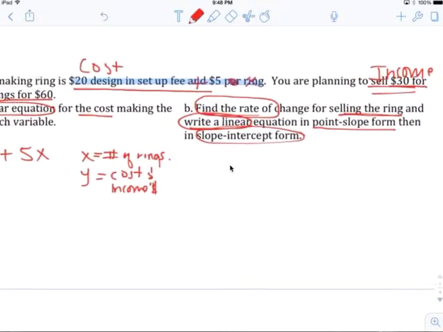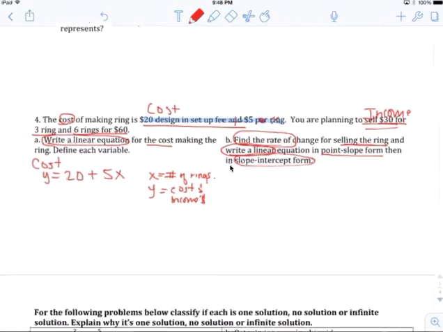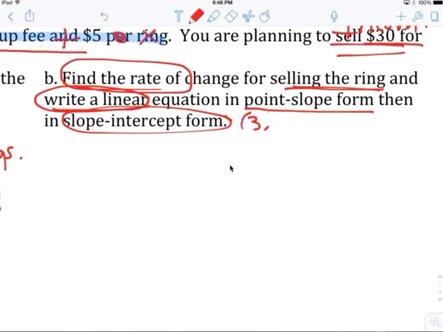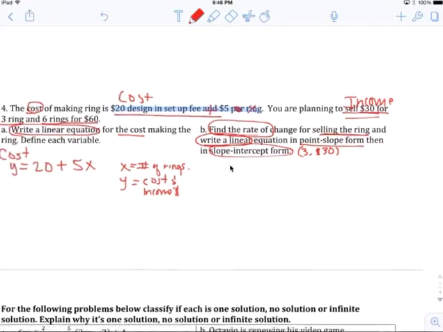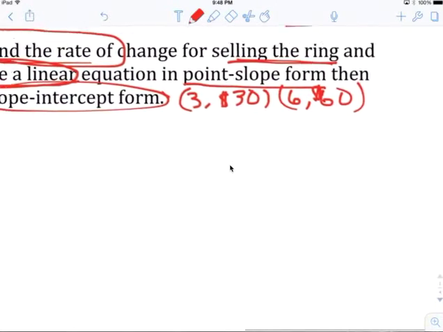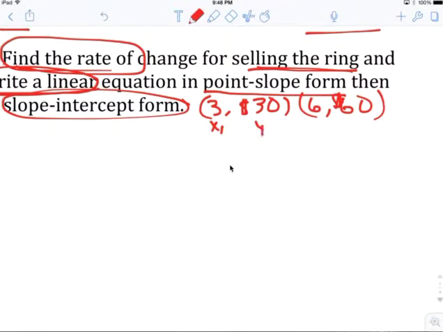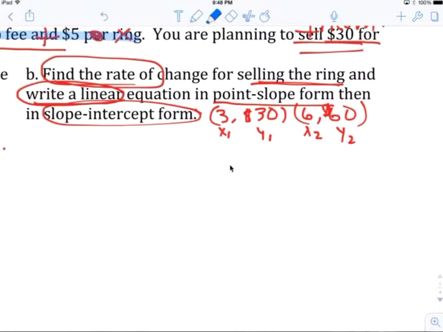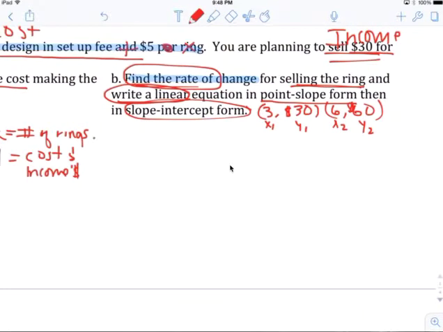So it's $30 for 3 rings. So it's 3 rings for $30. Dollar amount's always Y. 6 rings for $60. Y is always dollar amount, okay? And then it's X1, Y1, X2, Y2. The reason I'm doing this is it says find the rate of change. We're going to do it on the side right here.